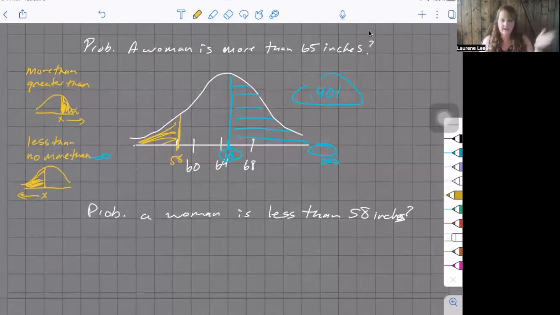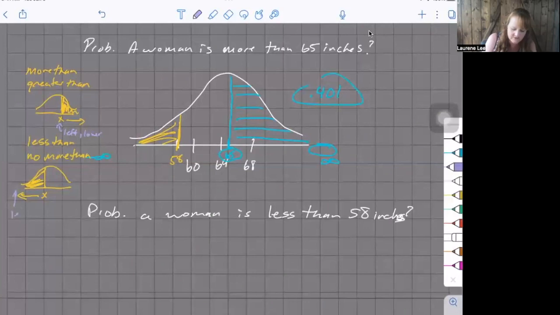Now, less is always on the left. So in this situation right here, this is your left bound or your lower bound. In this situation, this is your left or lower, and this is your upper. And here, this one is your upper.